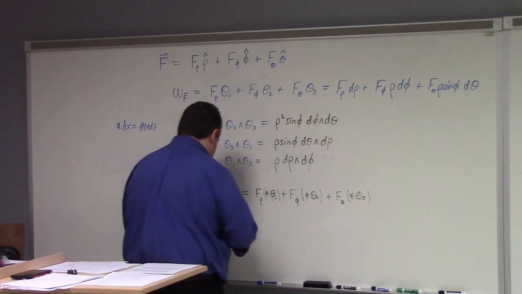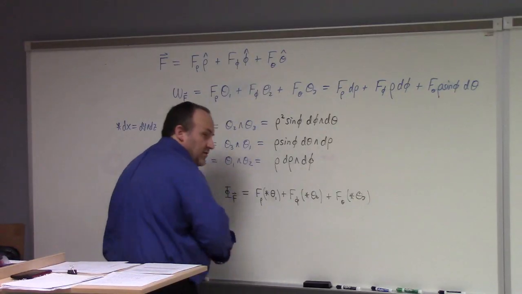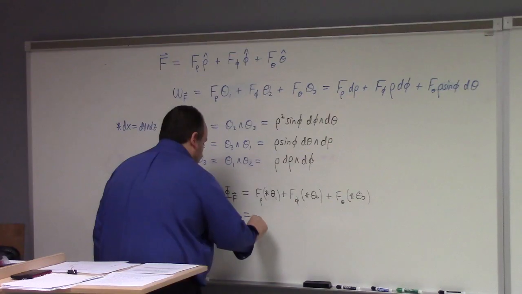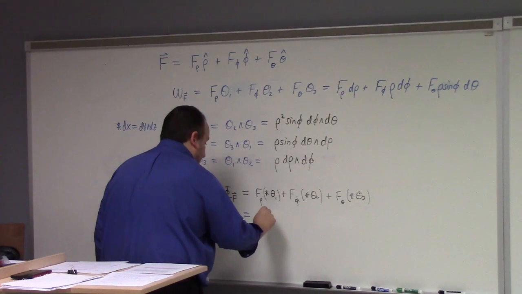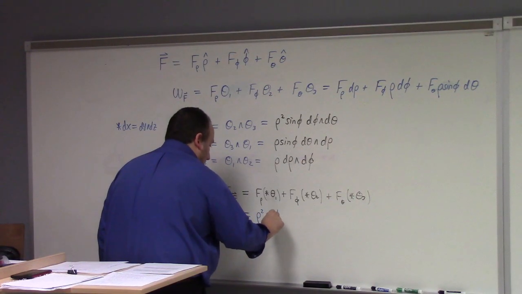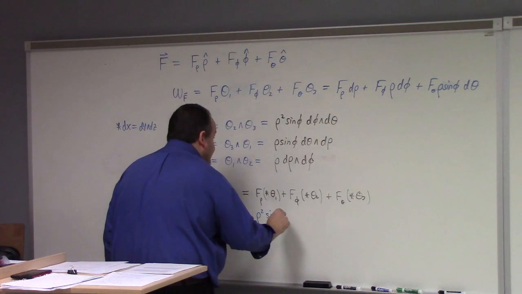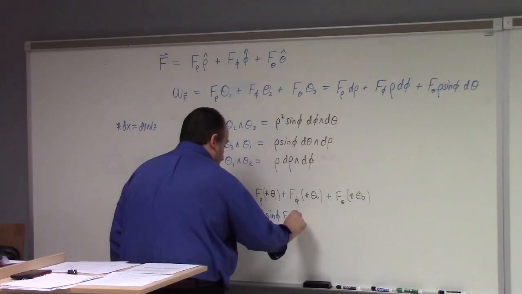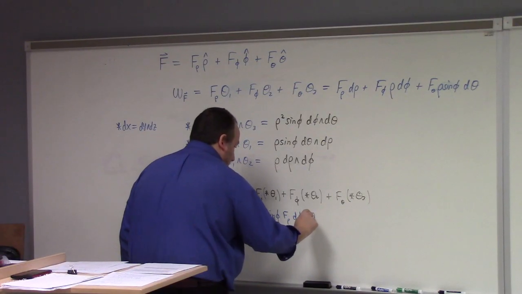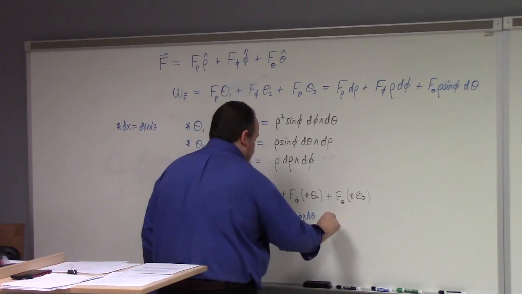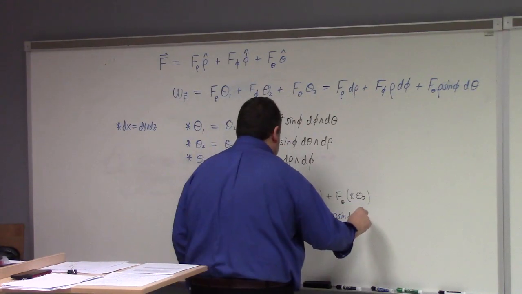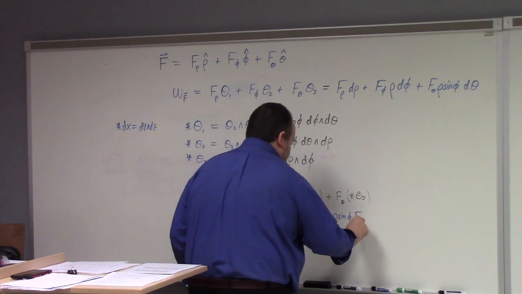All right, so the formula then for the flux form in spherical coordinates is straight up rho squared sine phi times F rho d phi wedge d theta, plus apparently rho sine phi. It just looks ugly, guys, because I'm writing things in terms of differentials.